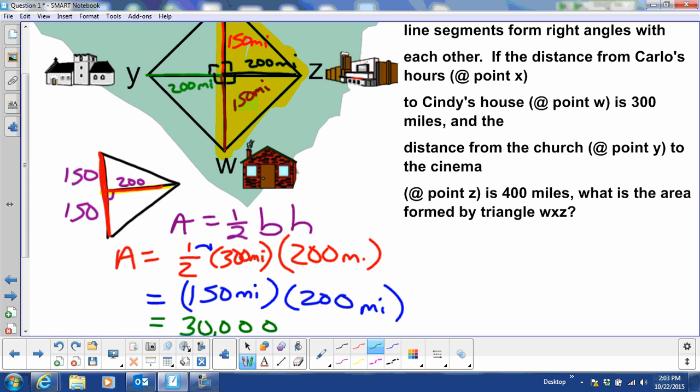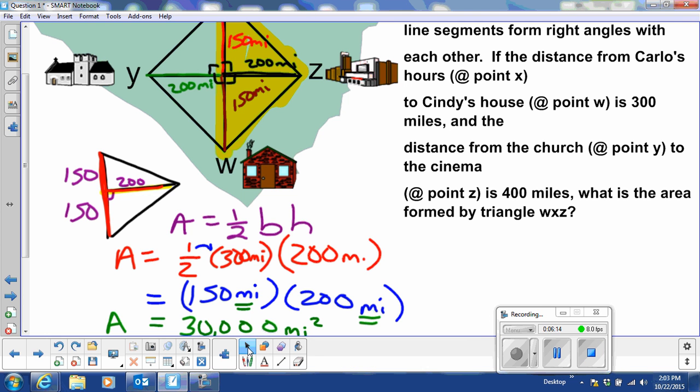So that will be 30,000, and remember miles times miles, because we treat those units just like variables, is miles squared. So the area of that triangle is 30,000 miles squared. So that's how you would solve a problem similar to that.